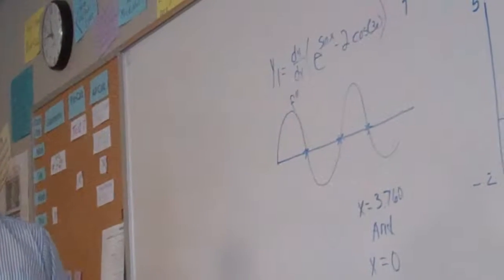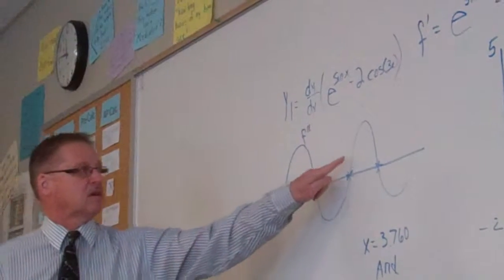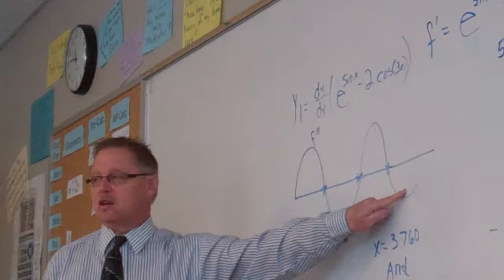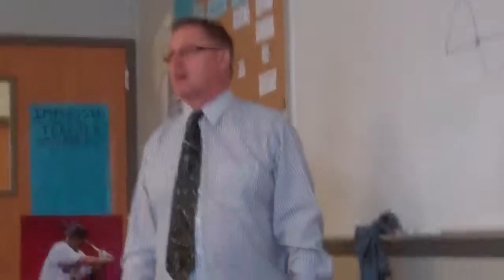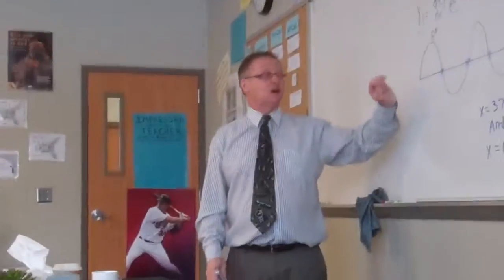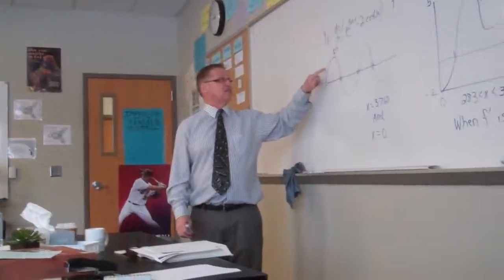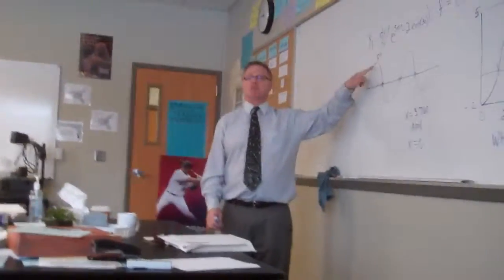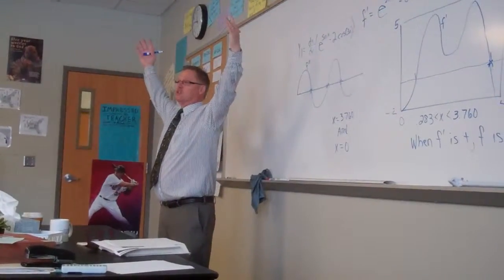There's 3, and this is concave up, concave down, concave up, concave down. I know this curve looks like it's concave down, but because it's above the axis, because f prime is positive, wherever f prime is positive, it's concave up. The original is.